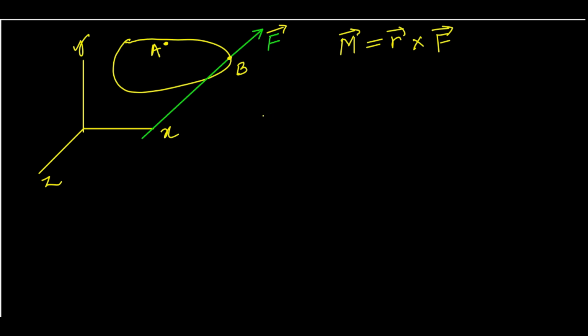Your moment arm is the perpendicular distance from the point or axis about which you want to take the moment to the line of action of the force. Okay. So here in the 3D case, you have to write this as R cross F.